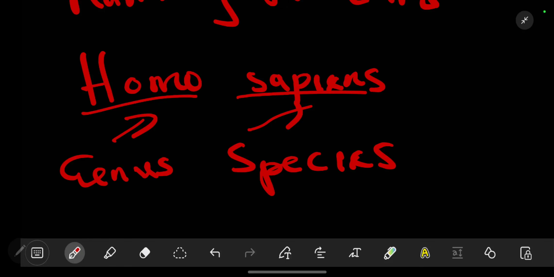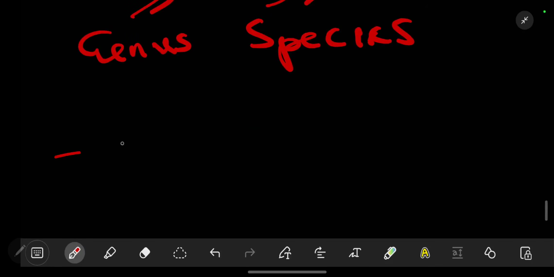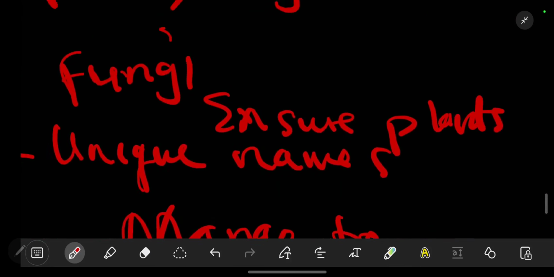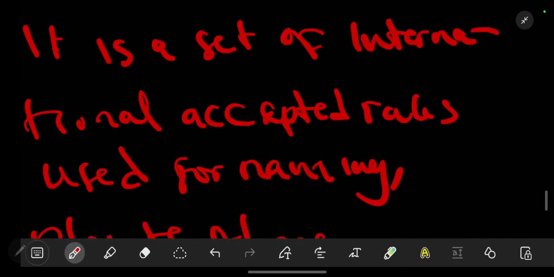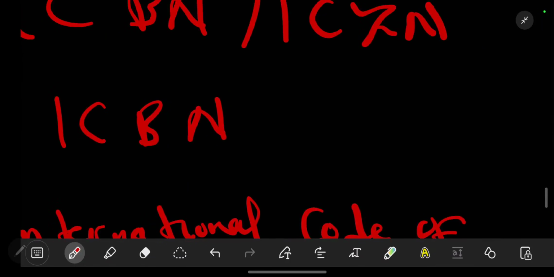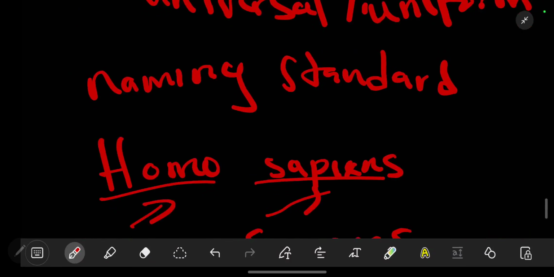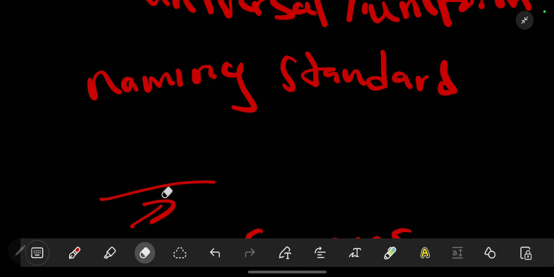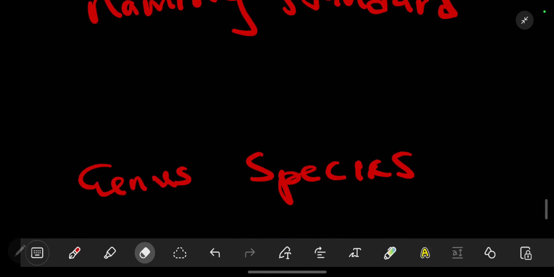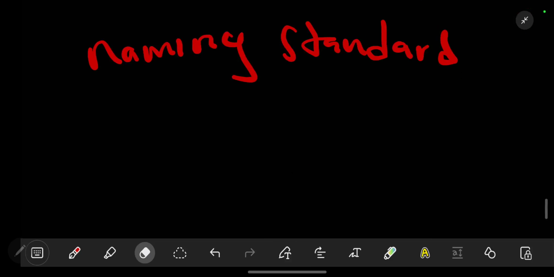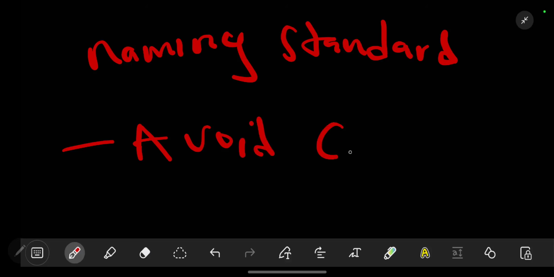Now, why is this important? This also helps in avoiding confusion caused by local or common names. Though this example is not under the ICBN, the International Code of Botanical Nomenclature, since Homo sapiens should be for the animals, I was just showing you more.